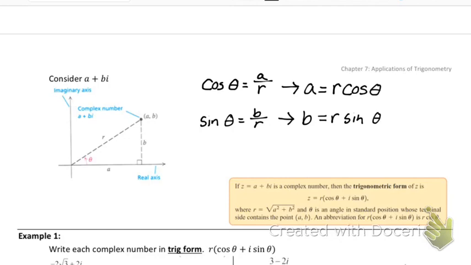If you look down below, it says if z equals a plus bi is a complex number, then the trig form of that would be r times cosine theta plus i times sine theta.